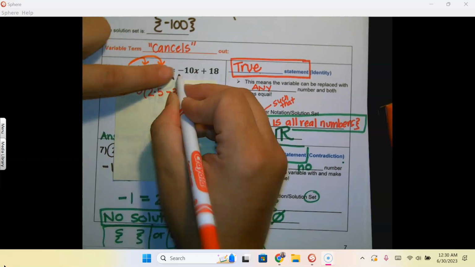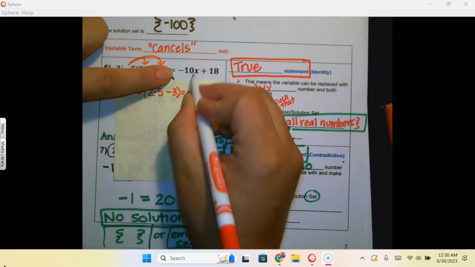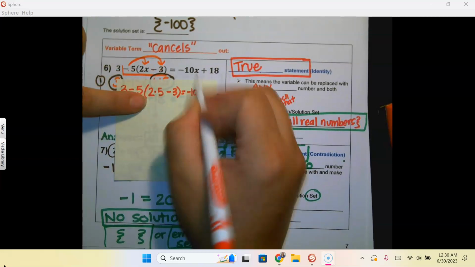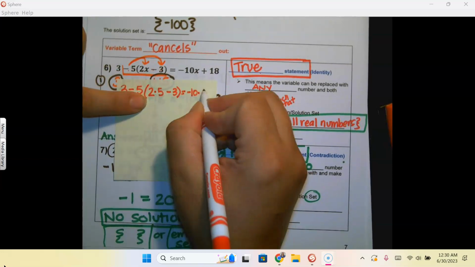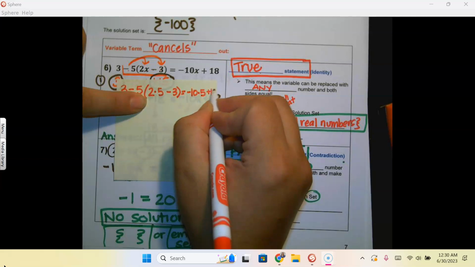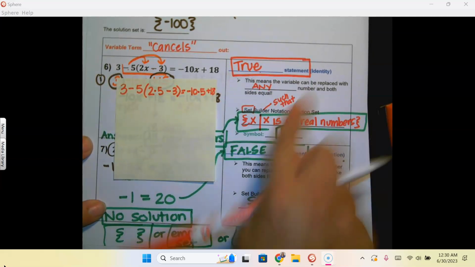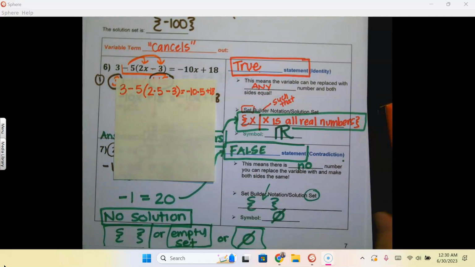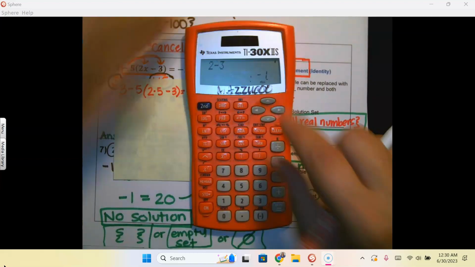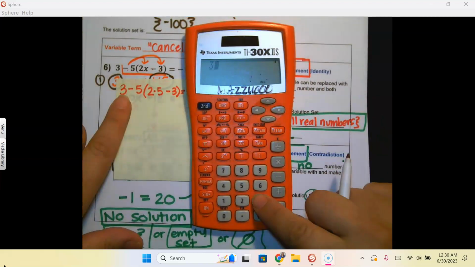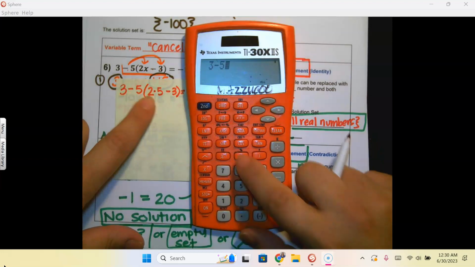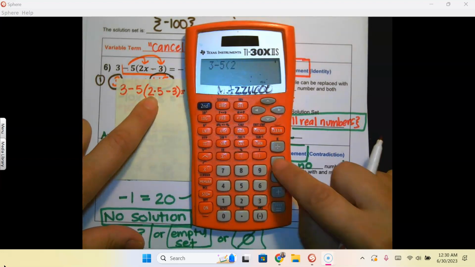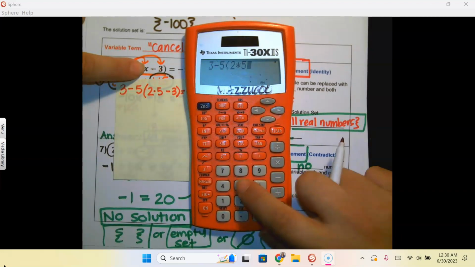Okay, and then on this side, I have -10, and then I have that x, and it's right next to it, so it means times, and I use 5. And this is what this means, any number. So I just randomly picked 5. Now if I type this in my calculator, I would have 3 minus 5 parenthesis 2 times 5 minus 3.